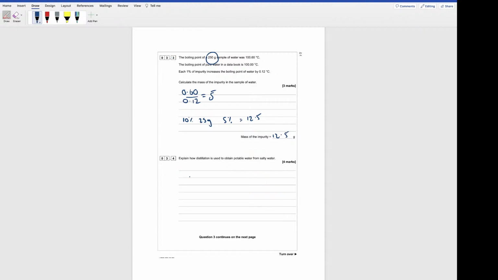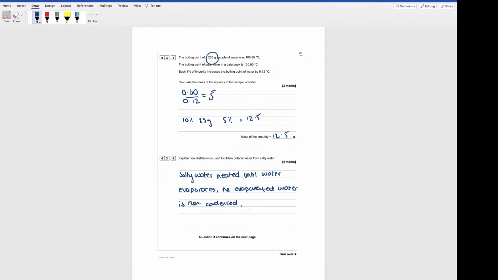So the impure water, the salty water, is boiled or heated. And it's not just warmed up, it's heated until it evaporates. The evaporated water is then condensed. And what we do is we condense it back down to our liquid water.